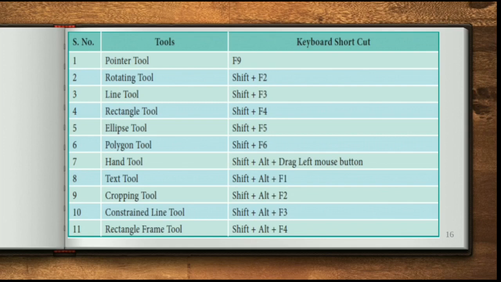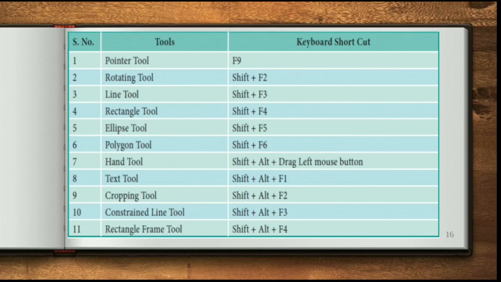The next tool is the hand tool. From the hand tool to the rectangle frame tool, you have to press Shift plus Alt, as you can see on the screen itself. By using the combination with the arrow mouse button, you can have the hand tool available on the screen. For the text tool, press Shift plus Alt plus F1.